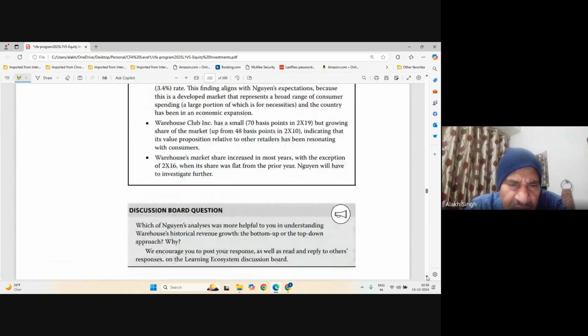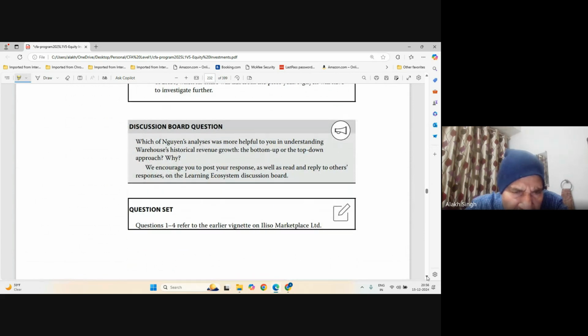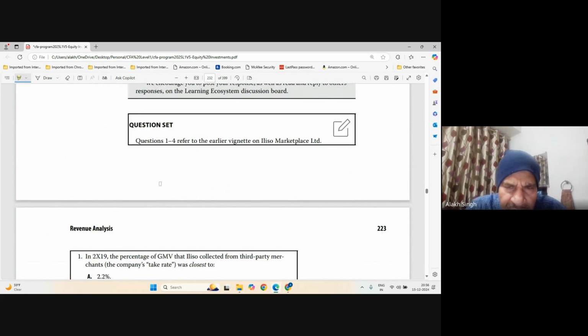Next, three observations. Let's see if there is any question. The question set refers to the earlier vignette on Eliso Marketplace Limited that we studied, which had two kinds: its own stores and third party sellers.